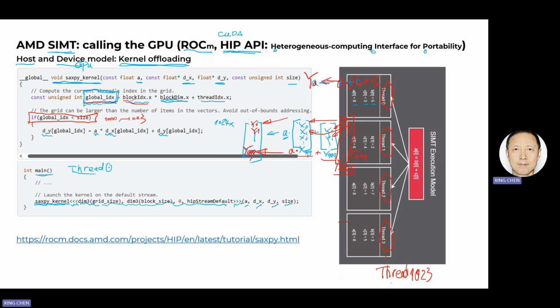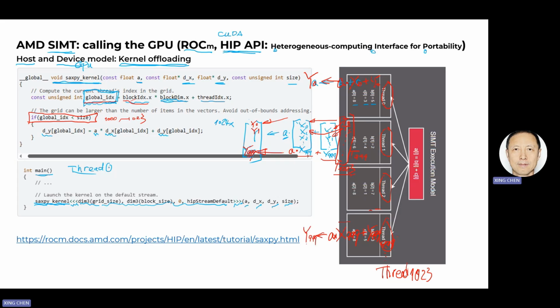The last one is going to be thread 999, and it is going to work on x 999 plus y 999, scaled by a, and put that in 999.